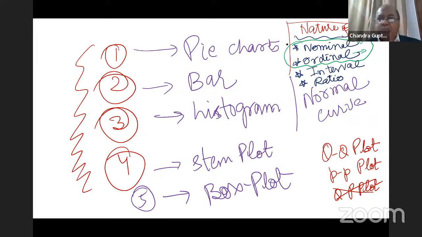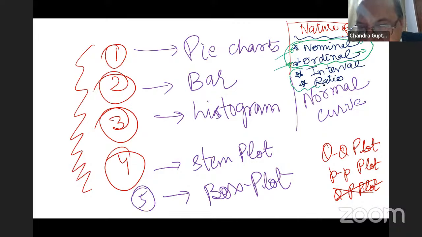On these two types of data, you cannot perform mathematical operations. You cannot say rank 1 plus rank 2 is equal to rank 3. You can't say like that. Male is 1, female is 2. You cannot say 1 plus 2 is 3. You can't add them. You can't subtract them. You can't multiply them. You cannot perform all kind of mathematical operations on this.